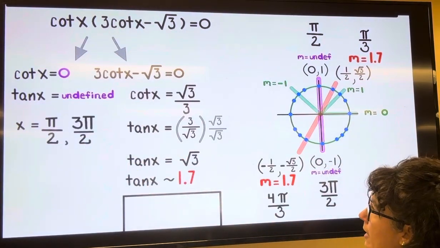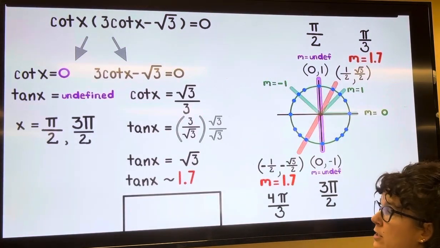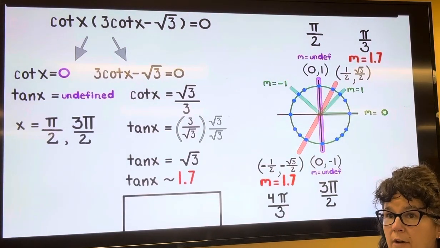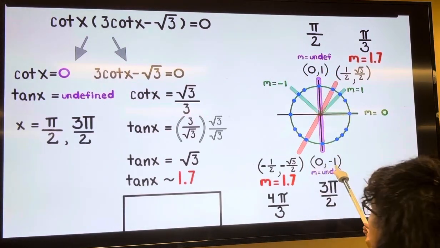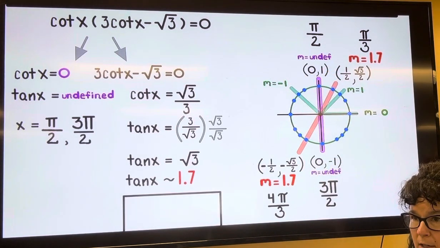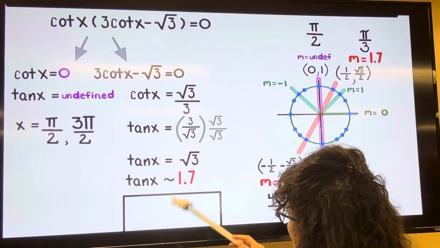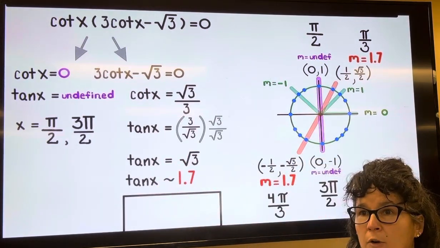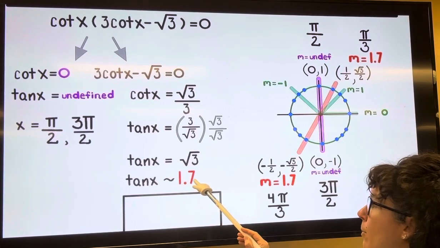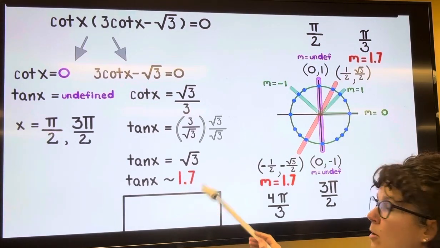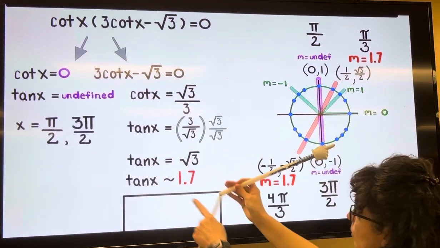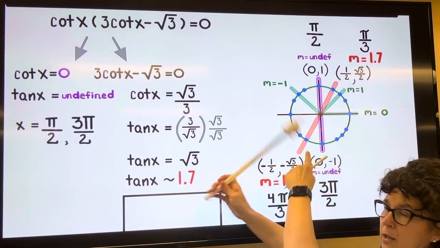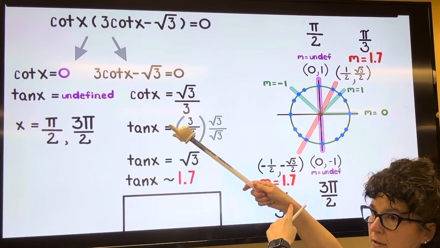Now you can verify that if you'd like to think of it, instead of slope, as y coordinate divided by x coordinate. I can do 1 divided by 0 and it's undefined. Negative 1 divided by 0 is undefined. Then solving this one, looking on my graph for where the slope is 1.7, specifically a little more than 1. Well, if we have a positive slope, our eyes have to go uphill and not downhill.